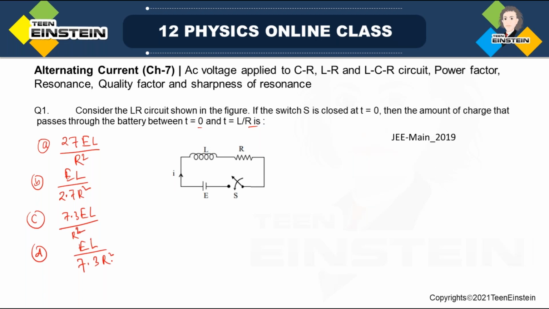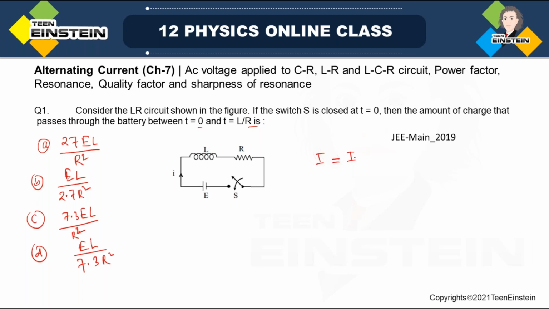So as you see, as soon as the switch is closed, there will be flowing of current, right? Since there is a battery of EMF E, and this is an LR circuit, so current will grow in the circuit. How would it grow?